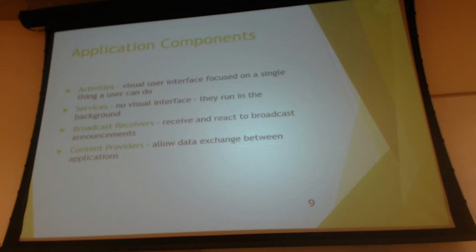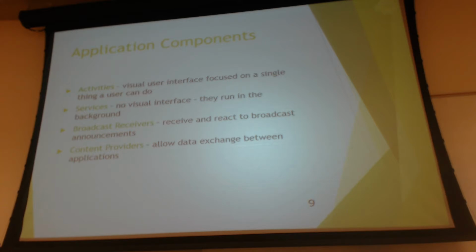Now, why do you write mobile programs? For user interaction, right? So there has to be some visual component. Now this visual component is executed in some thread. That thread where this visual component is executed is called an activity thread.